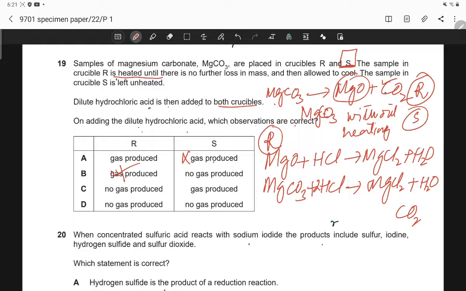R no gas, S yes gas is produced. R gas produced, S no gas produced, so this is also wrong. No gas produced in R, this is correct. Gas is produced in S, yes, because when hydrochloric acid reacts with magnesium carbonate, carbon dioxide gas is produced, so this is correct. So C option is correct.